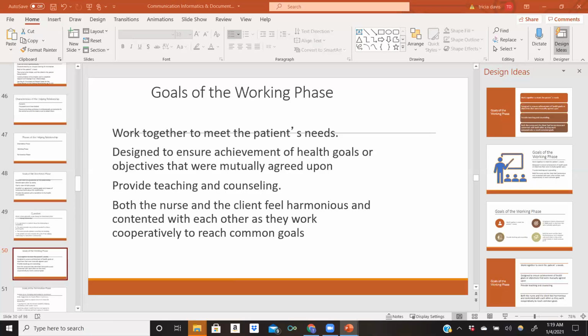The nursing roles of teacher and counselor are performed primarily during this phase. These roles involve moving the patient to learn and to implement health promotion activities, to facilitate the patient's ability to execute the nursing care plan and to express feelings about health problems, nursing care, and any progress or setbacks, and then any other areas of concern.